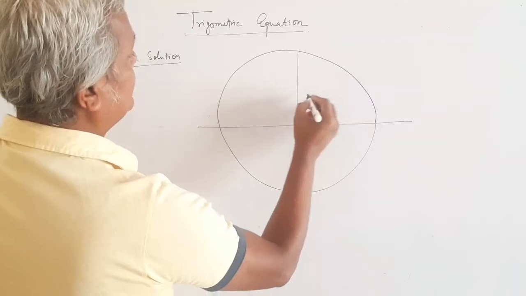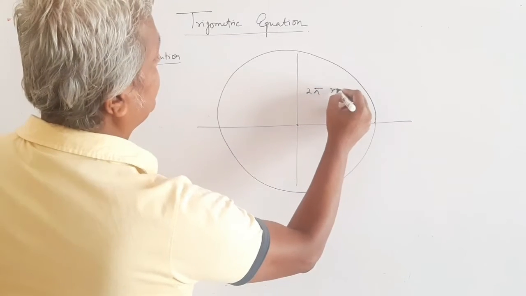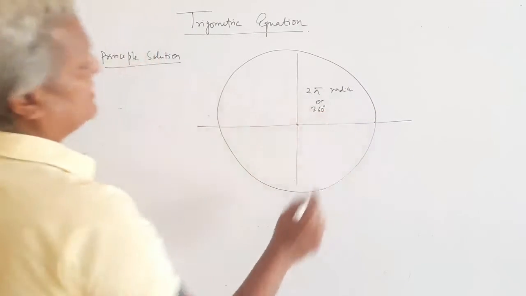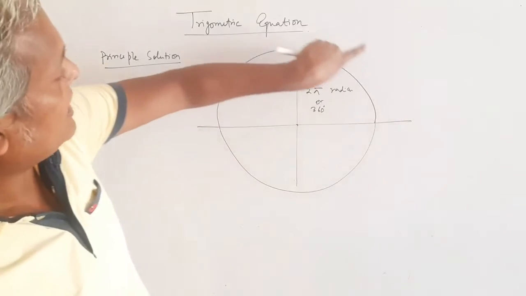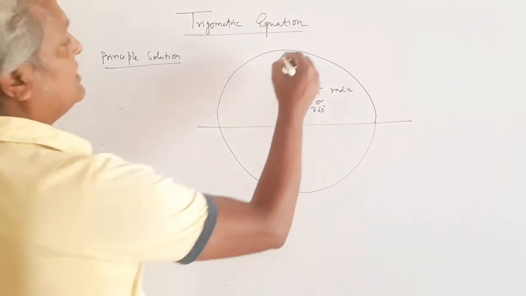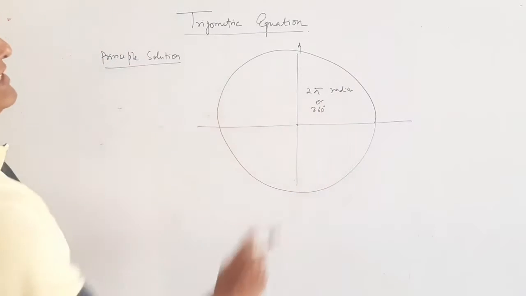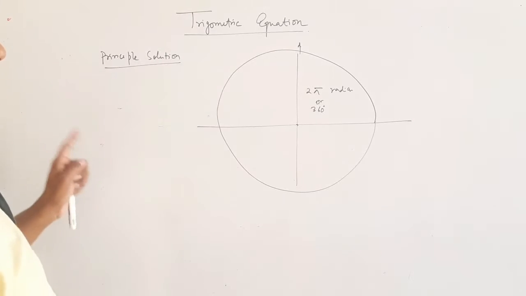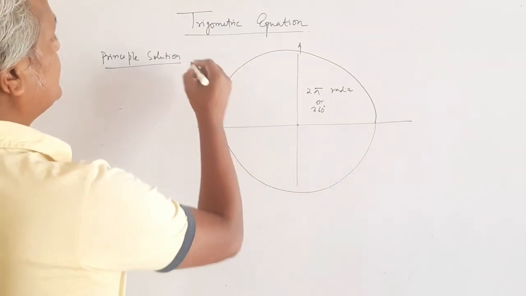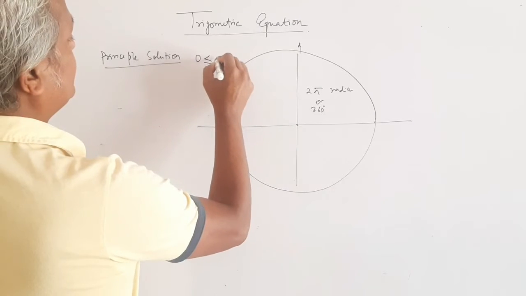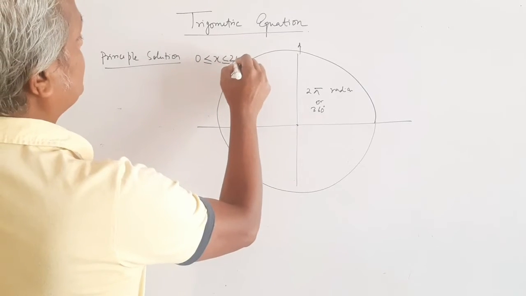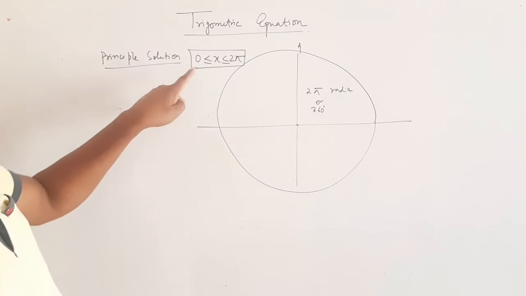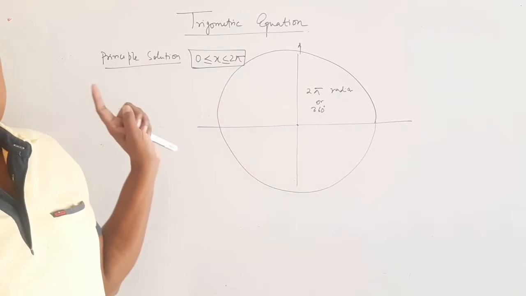In one complete rotation the angle traced out is 2 pi radian or 360 degrees. Principal solution means we have to find the values of the angles lying between 0 and 2 pi, that is, between 0 and 360 degrees.